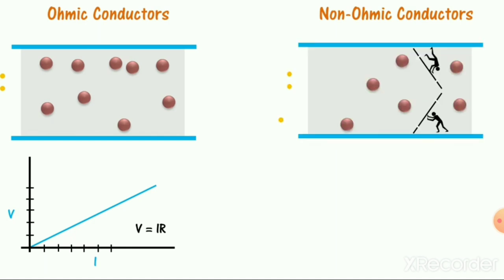For non-ohmic conductors, imagine that there is a valve which regulates the flow of electrons in the conductor. When voltage is low, the current flowing is low. As the voltage is increased, the current increases slowly.